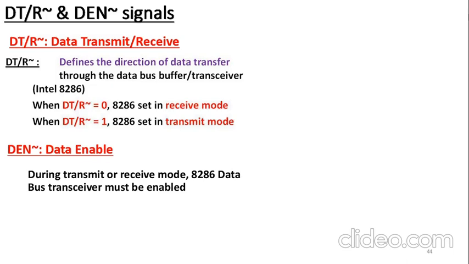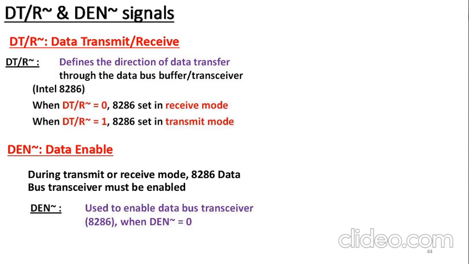It clearly means that this DEN bar signal should be at logic 0. That will enable the data bus transceiver, and then the direction of data transfer can be set by using DT/R bar signal. In brief, the DEN bar signal has more precedence than the DT/R bar signal here.